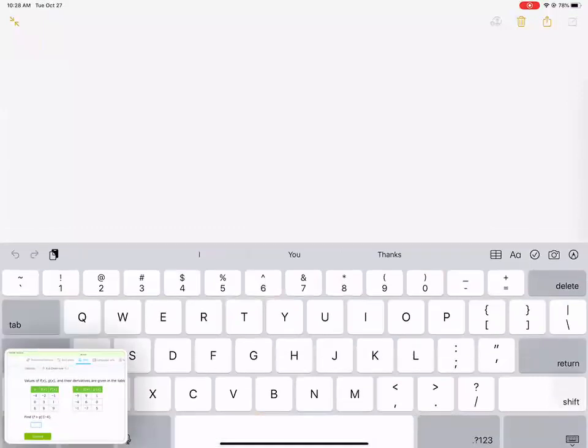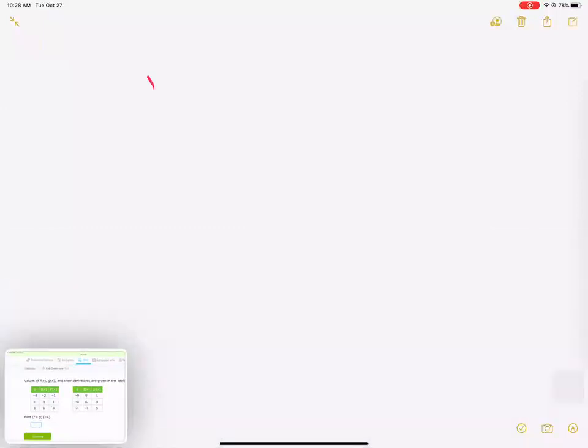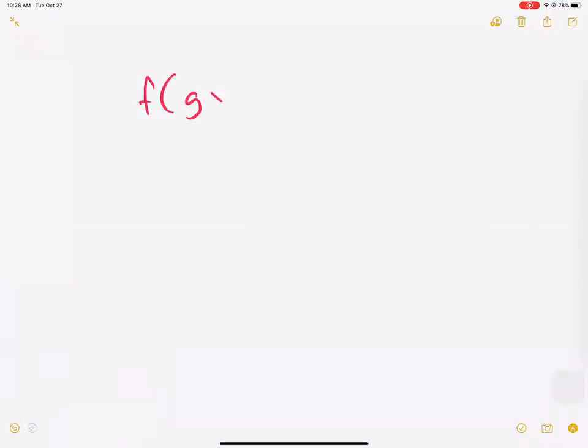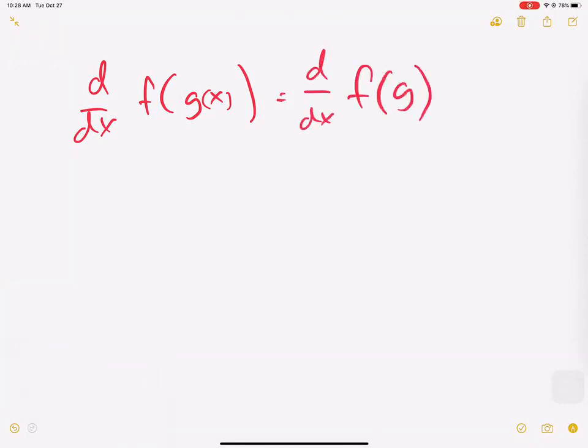Okay, so you agree with me, a function f of g of x, okay? This is the idea of a chain rule, right? Okay, so I'm going to write this a little differently just to make it look different. And we haven't done this. It's called implicit differentiation, but let's take it as this.